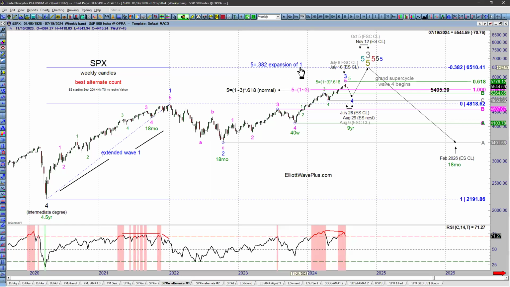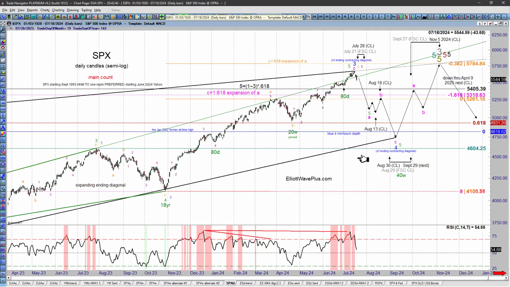I've come to that conclusion by figuring this was an extended wave 1, so I would look for the end of the 5-wave structure up from the March 2020 low to end at approximately a 0.382 expansion of wave 1. So there's the best alternate if we don't get the overlap.